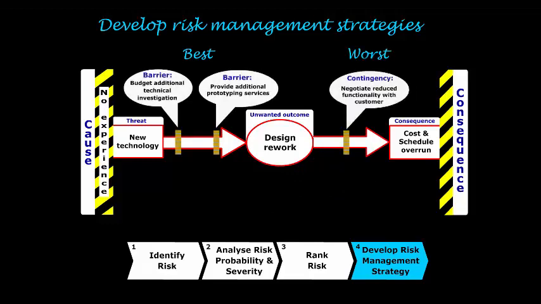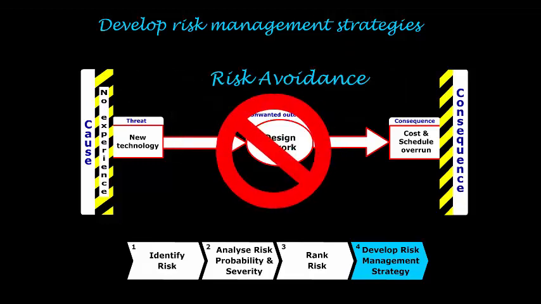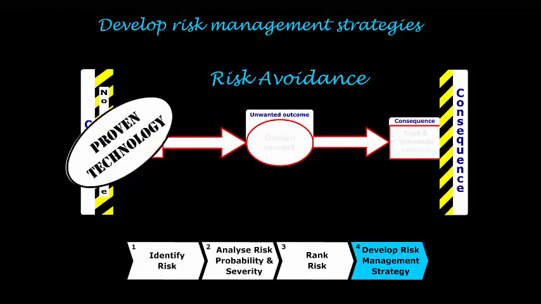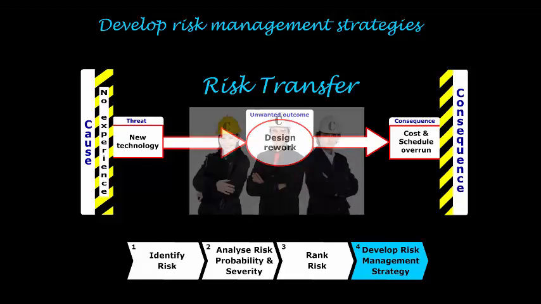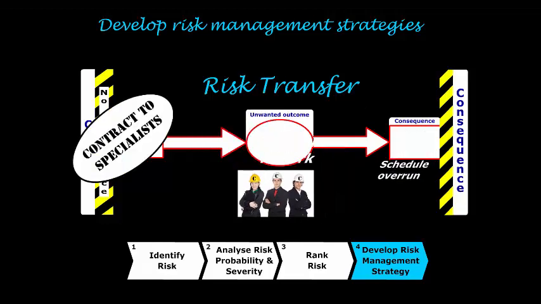Most of the time, we have no choice, unless of course we can avoid the risk altogether by not proceeding with the risky activity. For example, in this case, we could choose to employ proven technology. Alternatively, if we must use new technology, we can transfer the risk to another party who is more capable of managing it. For example, we could contract out risky subsystem development to specialist organizations.